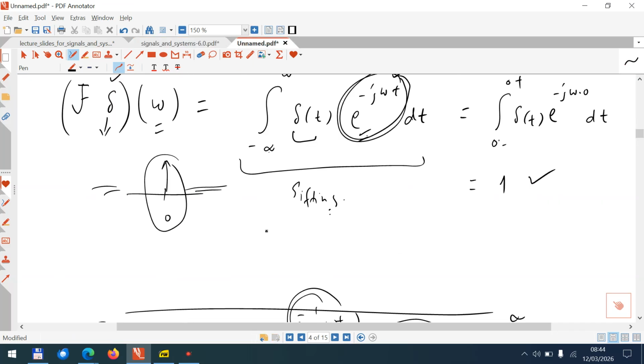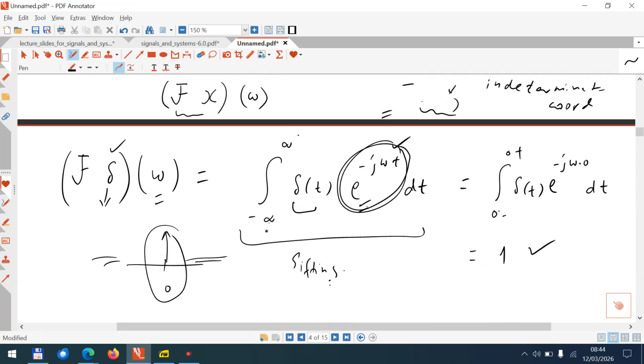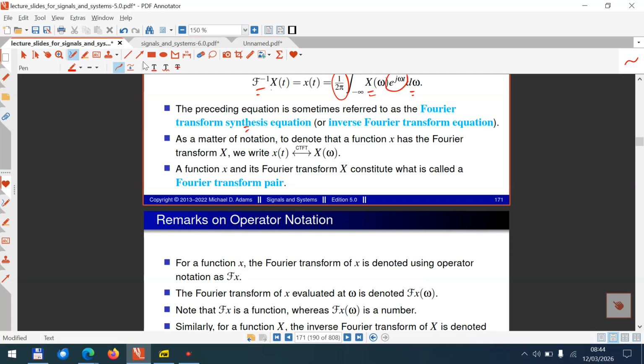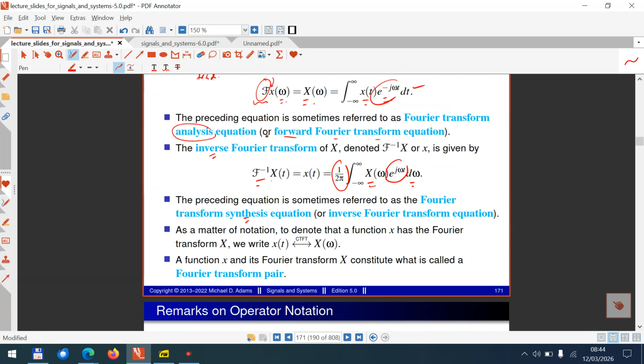And I tried to compute the Fourier transform. I want you to look at this formula, right? This is the inverse transform, right? And let's try to use this formula to find the inverse transform of delta. So what are we trying to achieve?